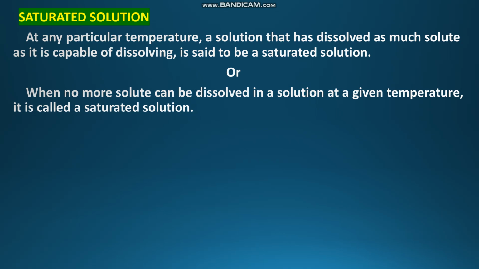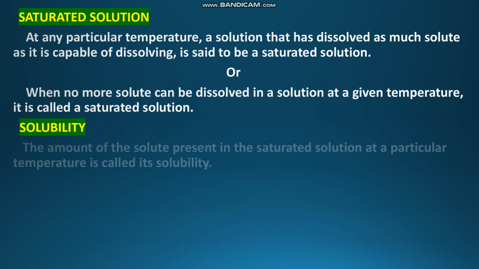Okay, so at any particular temperature, a solution that has dissolved as much solute as it is capable of dissolving is said to be a saturated solution. In other words, when no more solute can be dissolved in a solution at a given temperature, it is called a saturated solution. Now let us see what is meant by solubility.